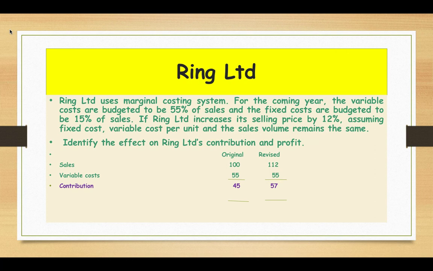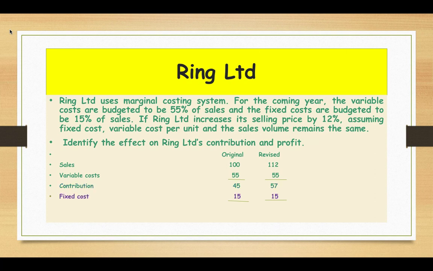So the contribution is 100 selling price, take away the variable cost 55. So the original contribution is £45. But the revised one is £57, which is 112, take away the 55.